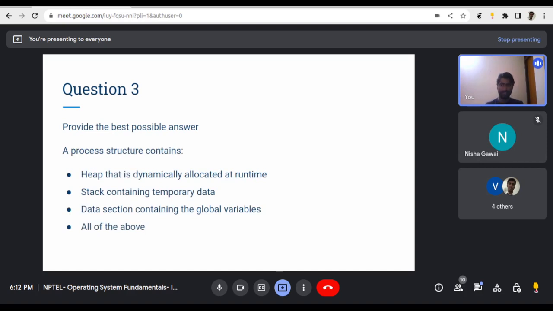This question is with reference to the process structure. As you may know, once a process is created in the RAM, there is a structure related to the process. In a Unix operating system, for example, the process structures are stored as a linked list. That is, the previous process has a link to the next process, and so on and so forth.